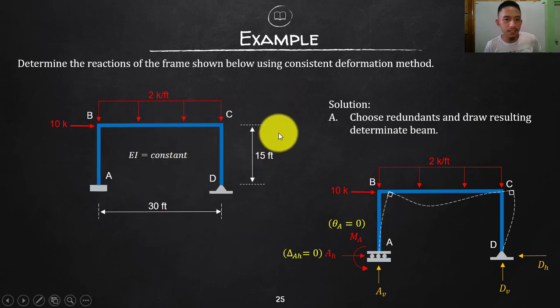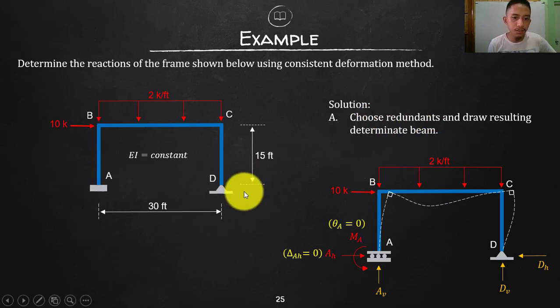So again, just like the procedure that I discussed before we started with your unit 1, you will be following the 4 procedures. You need to release the redundant, so choose the redundant here. For me, there are a lot of ways, but you need to consider the stability.